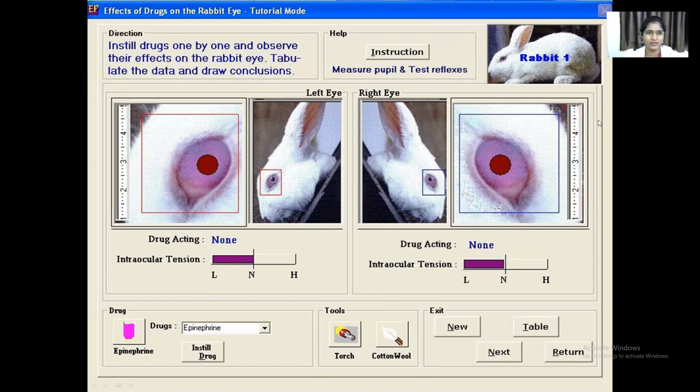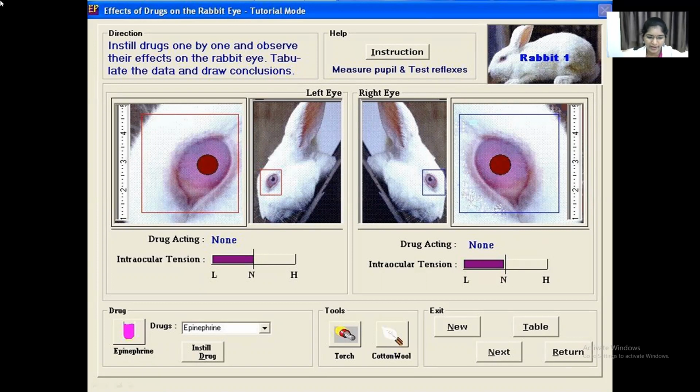So these are the parameters and instructions for the procedure. First we have to measure the pupil size, whether it is increased or not, using the scale or pupillometer, then the torch reflex, and we have to check the corneal reflex.